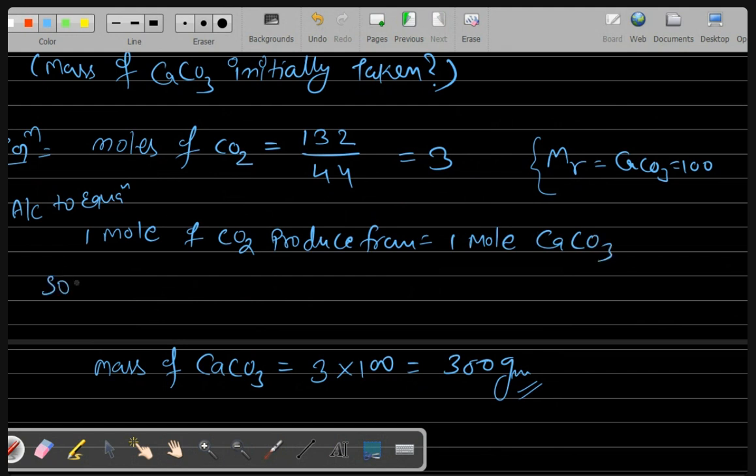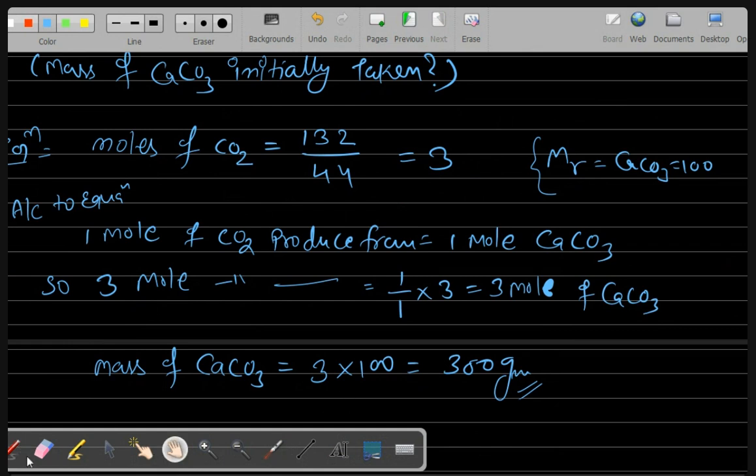So 3 moles of CO2 are produced from, so now what will you do? 1 divided by 1 times 3. Yeah, simple. So there are 3 moles of calcium carbonate, and then the mass of calcium carbonate is 3 multiplied by 100. Okay, very easy.